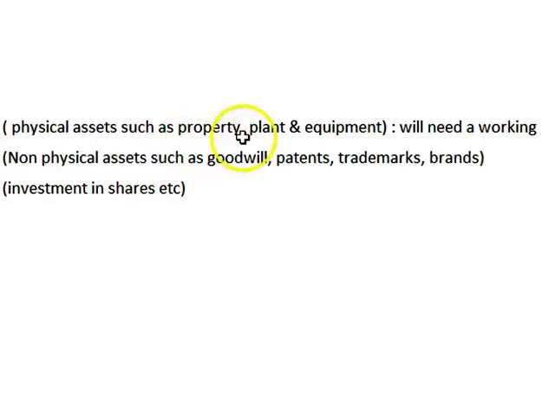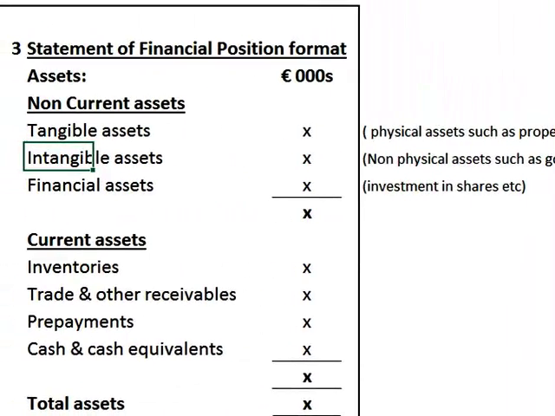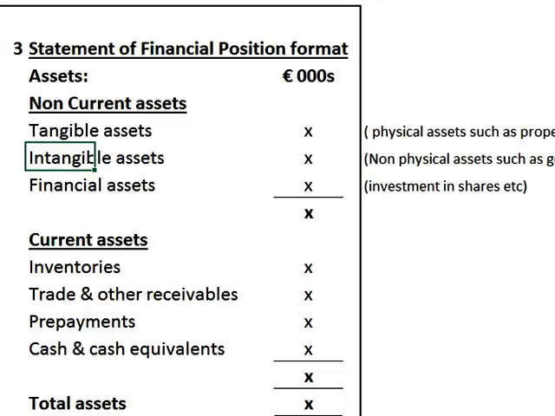So property, plant and equipment, land, IT equipment, computers, those kind of things. Intangible assets are non-physical assets, such as patents, trademarks, brands. So the Apple brand is worth billions. Other companies that may not be doing so well, their brand wouldn't be worth as much.